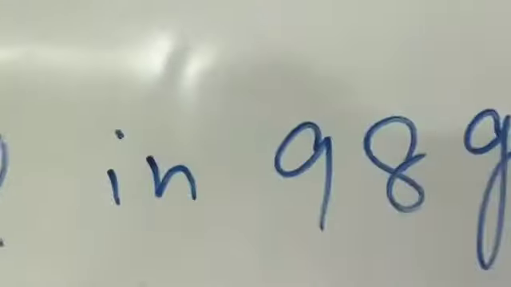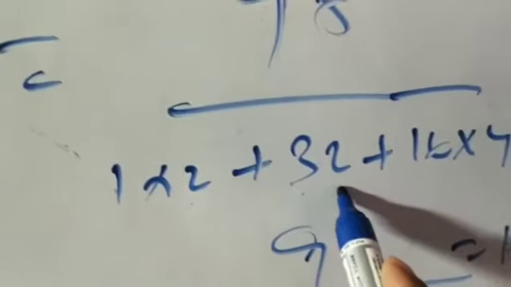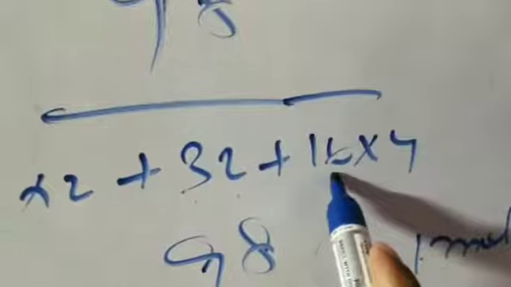Mass given in the question is 98 gram, so you put 98, and the molar mass of H2SO4. In H2SO4, 2 hydrogen, 1 sulfur and 4 oxygen are present. The molar mass of 1 hydrogen is 1, so 1 into 2, and 1 sulfur, its molar mass is 32, and 4 oxygen, with 1 oxygen molar mass 16, so it multiplies by 4.